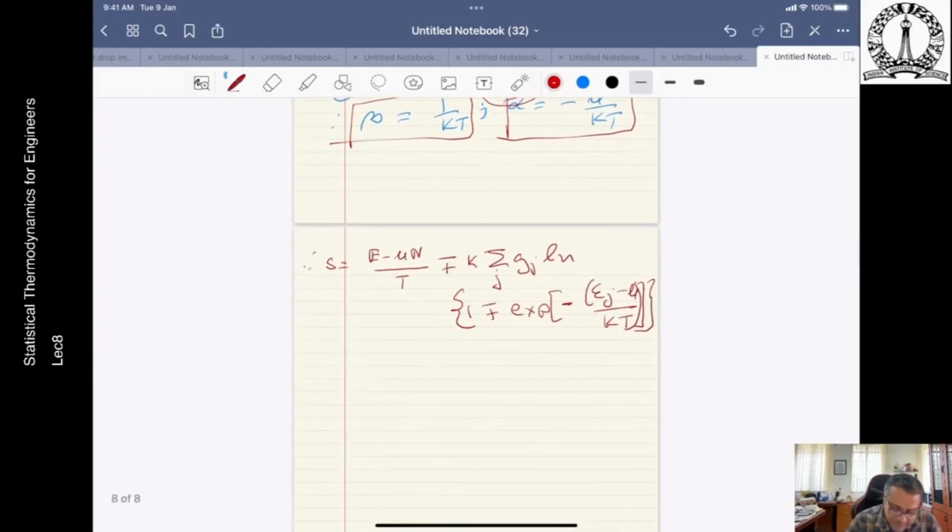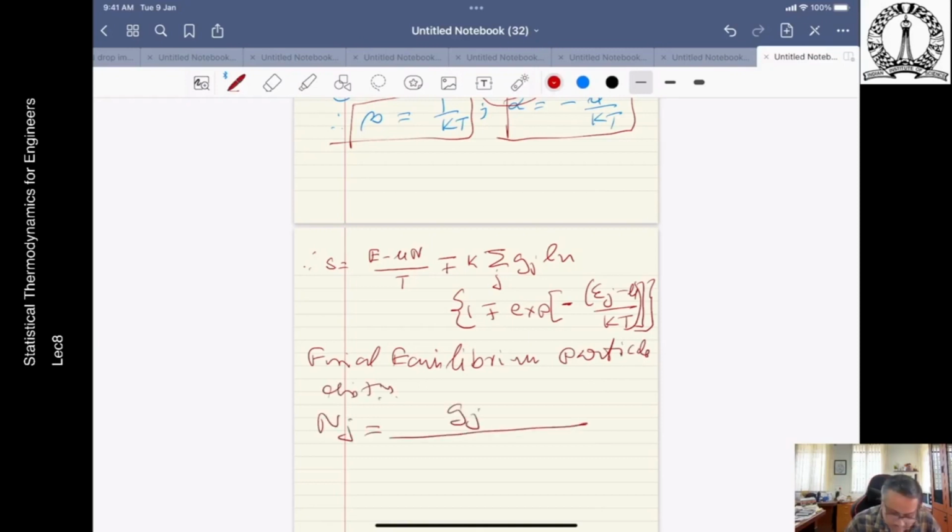So the final equilibrium particle distribution becomes nj is equal to gj divided by exponential ej minus mu divided by kt minus plus 1.